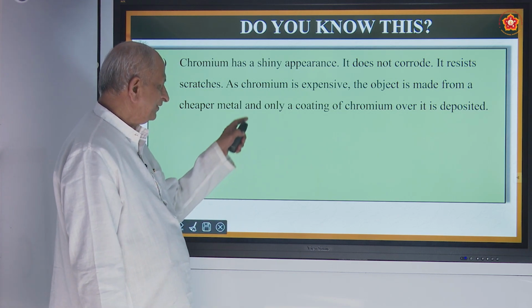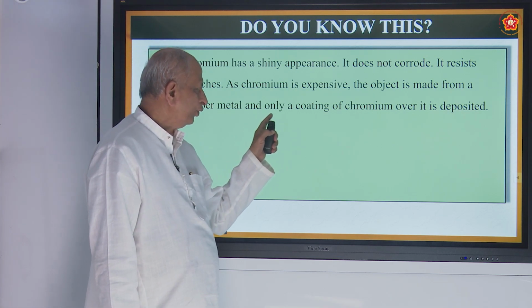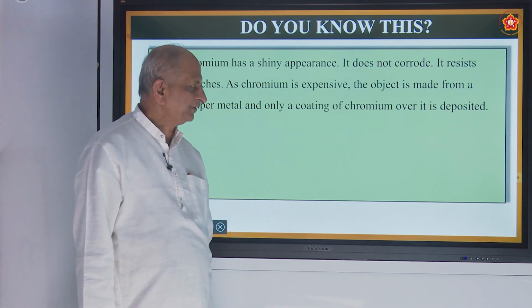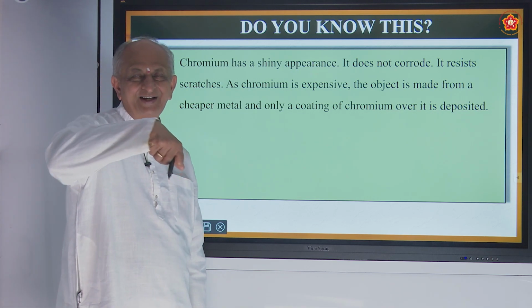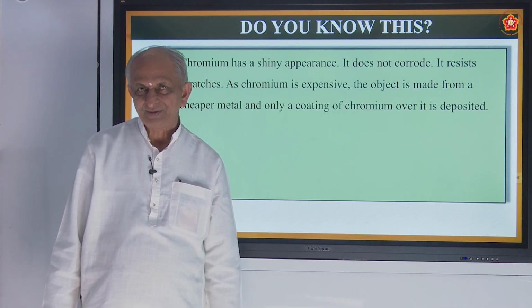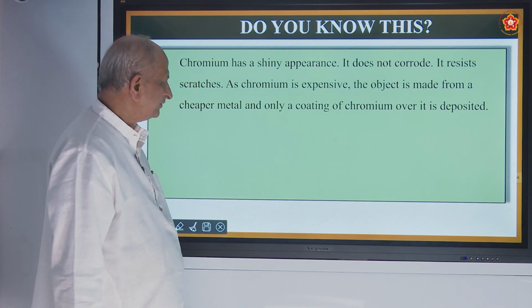As chromium is expensive, the object is made from a cheaper metal and only a coating of chromium is deposited over it. So the full cycle handle is not chromium because it is very costly. So they take a cheaper metal and on that a coating of chromium is made.